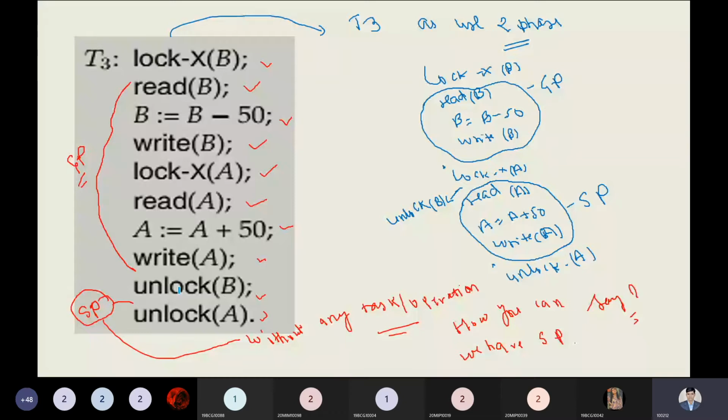That is the only reason we are not treating it as an acceptable part. So when we apply unlock, that will by default be considered the shrinking phase. We are not using any other operation after this. We can also use other operations, but that will not be considered part of the shrinking phase because no more operation is required. Okay, so that is the reason.